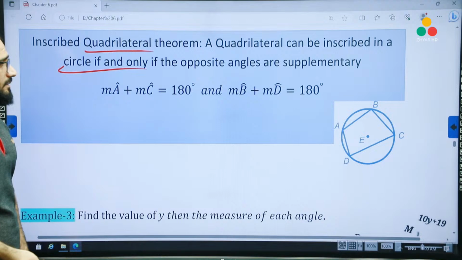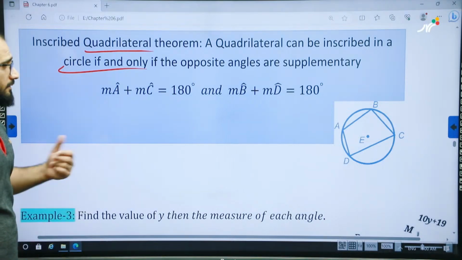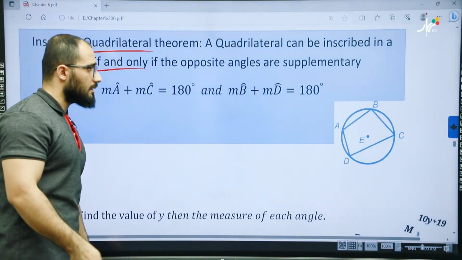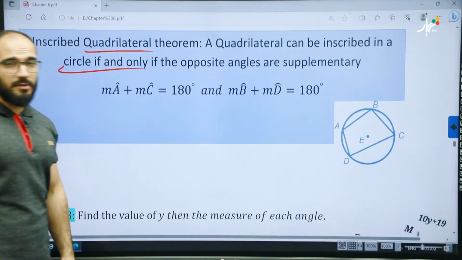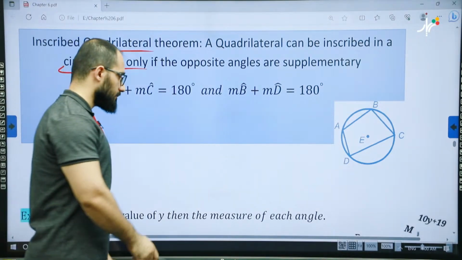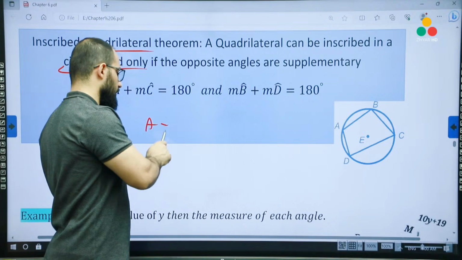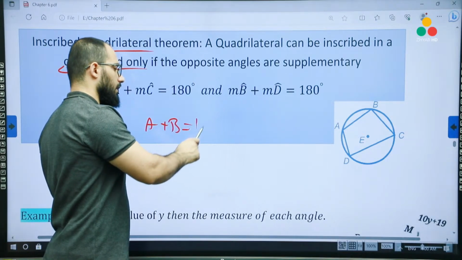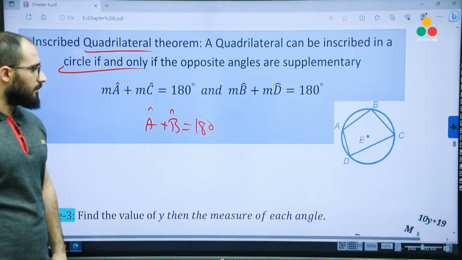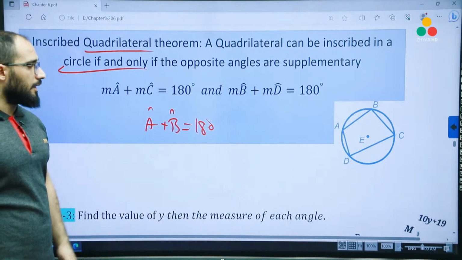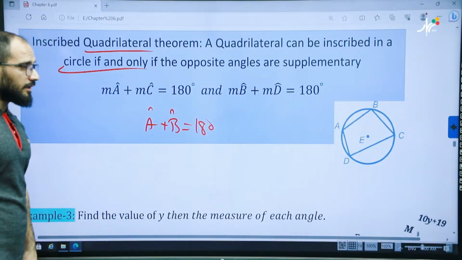You know what supplementary is, because we have studied it in all the grades. Supplementary angles means if the measure of A plus the measure of B equals 180, then we call them supplementary angles.